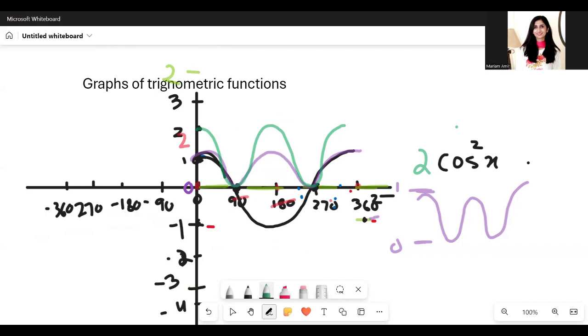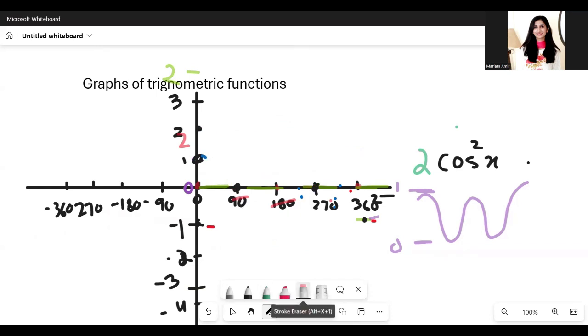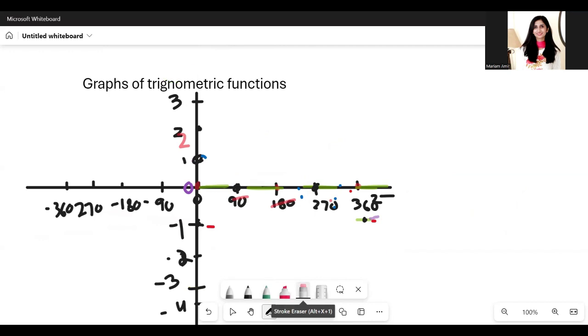Now we're going to discuss the graph of tan x and its transformations. Okay. So graph of tan x.